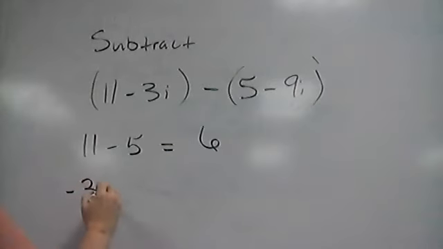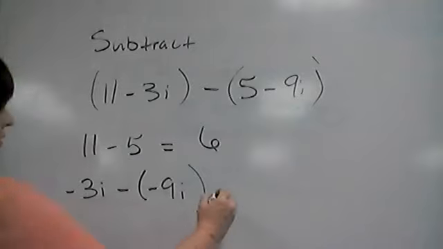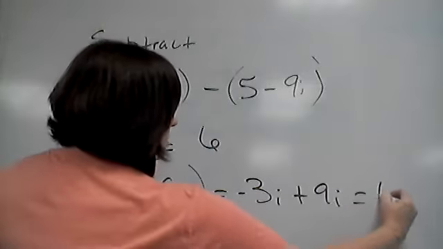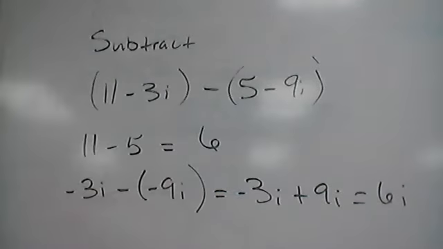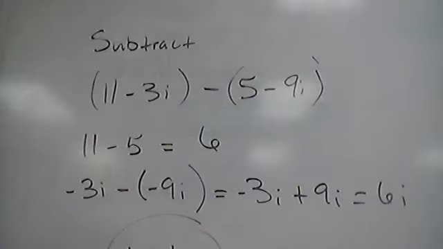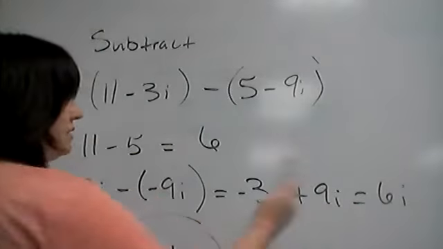And I'm going to do -3i minus -9i. And we know that anytime we have subtract a negative, that's going to be -3i plus 9i, which is going to give me 6i. So my answer is going to be 6 plus 6i.